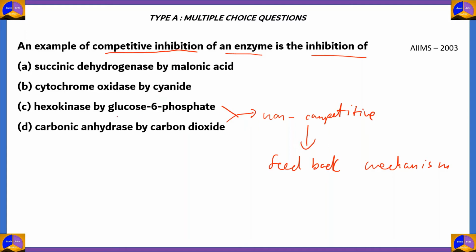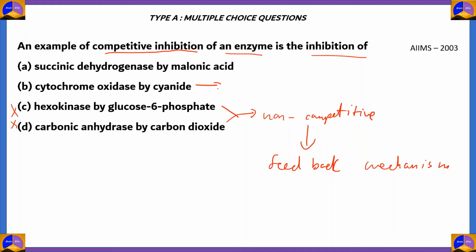It's the same for hexokinase. When glucose 6-phosphate inhibits hexokinase, that is also a feedback mechanism, because hexokinase is used for creating glucose 6-phosphate. Options D and C are incorrect.